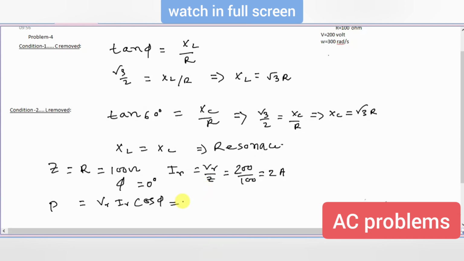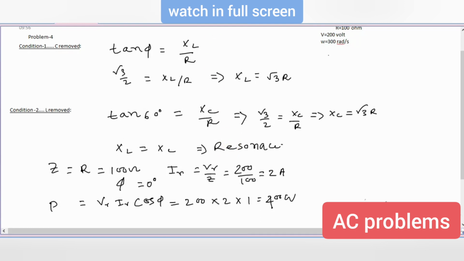Vrms equal to 200, Irms equal to 2, and the power factor cos phi, that is cos 0, equal to 1. Therefore we get the total power 200 into 2 equal to 400 watt. Okay.